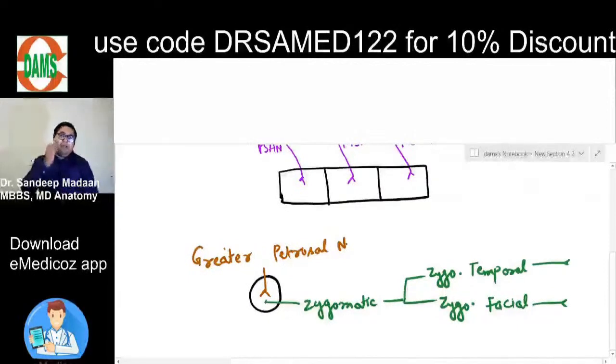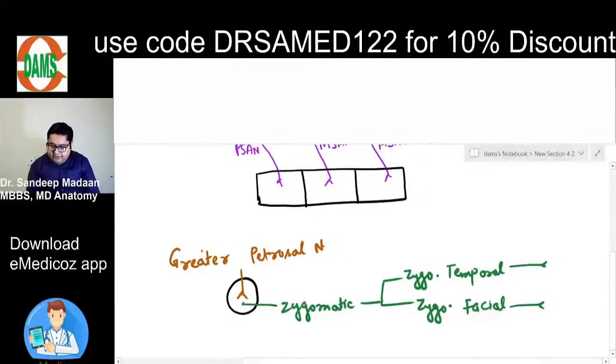Zygomaticofacial will supply this prominence of the cheek, zygomaticotemporal the temporal region. Okay, but this zygomaticotemporal will give one communicating branch to this nerve here. This is the lacrimal nerve, which is actually supplying this gland, the lacrimal gland.